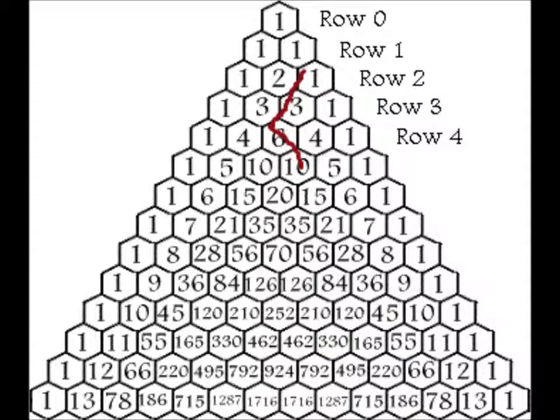My next example is 1, 5, 15, 35, 70. If you add all of those up, you'll get the number 126. Seems fairly easy, right?